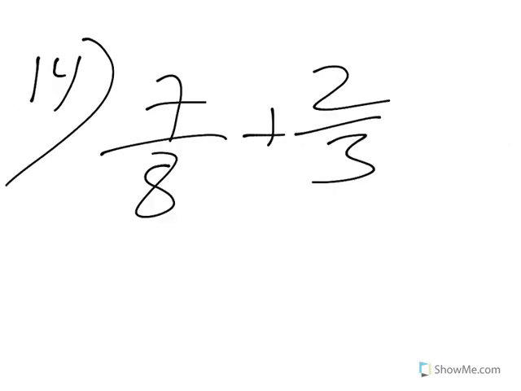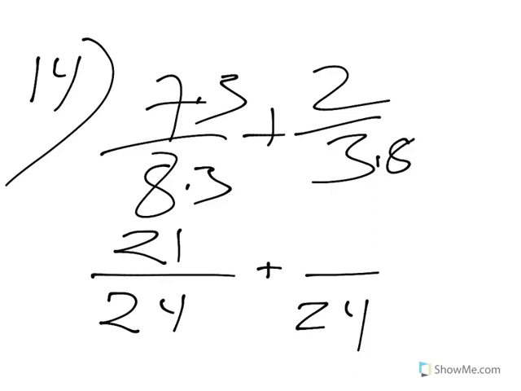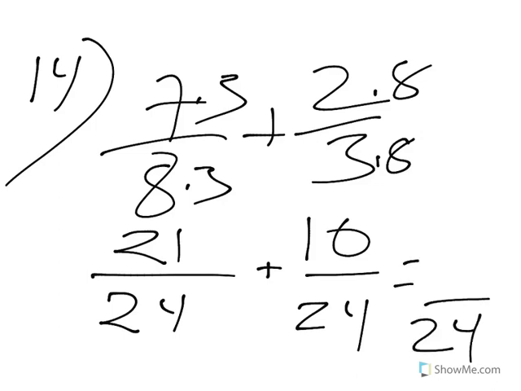Okay, again, I don't have the same denominator. If I put it in my sled, I will get my least common one, which is 24. So 8 times 3 is 24. 7 times 3 is 21. 3 times 8 is 24. 8 times 2 is 16. Now that I have the same denominator, I can add my numerators.